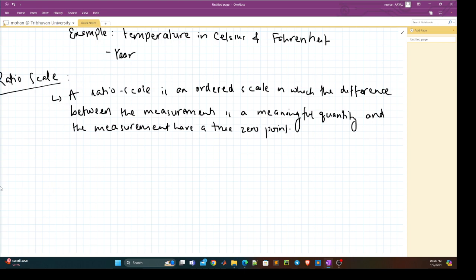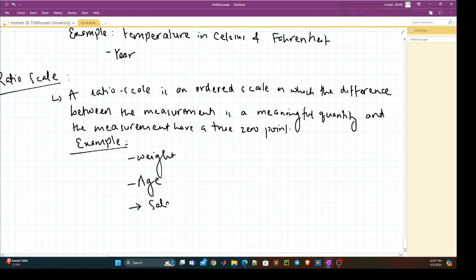Okay, examples will be weight, and the second example will be age. The third example will be salary.